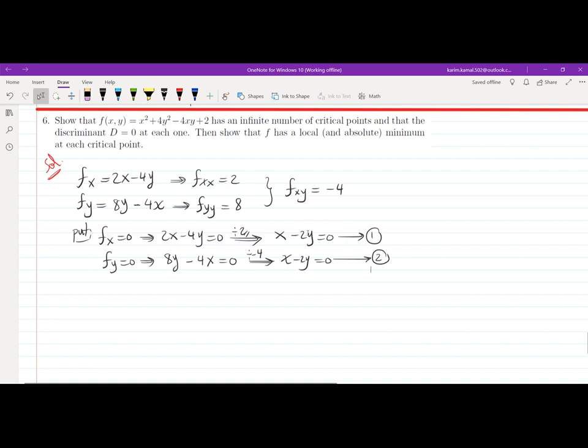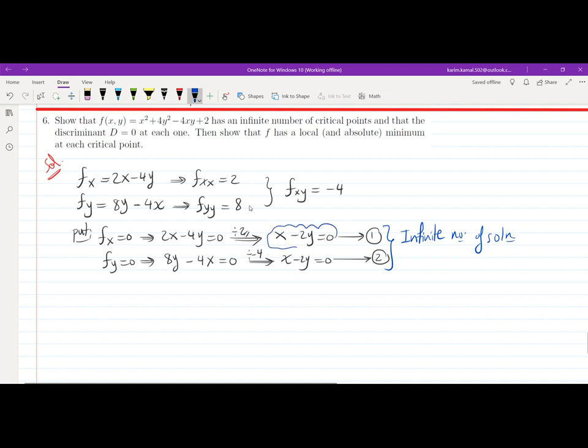And if you remember from math 2, if you have one equation in two unknowns, in this case you have an infinite number of solutions. So this equation represents an infinite number of points.